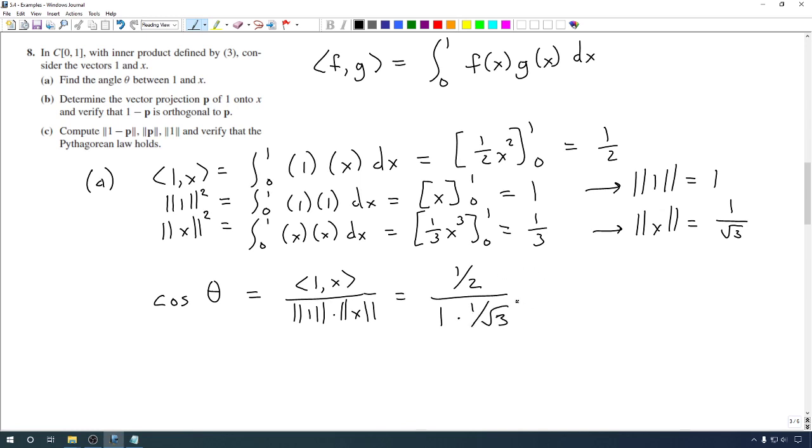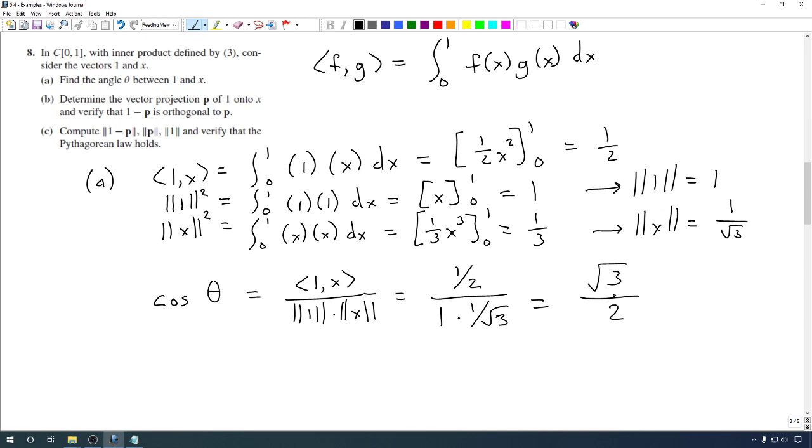If we go ahead and move stuff around, so the 1 over root 3, we can flip it upside down and put it on top. Get a square root of 3 on top. The 1/2, well, the 2 ends up on the bottom. The 1 obviously doesn't really matter. It kind of just gets absorbed into everything else. So we get that the cosine of theta is root 3 over 2.